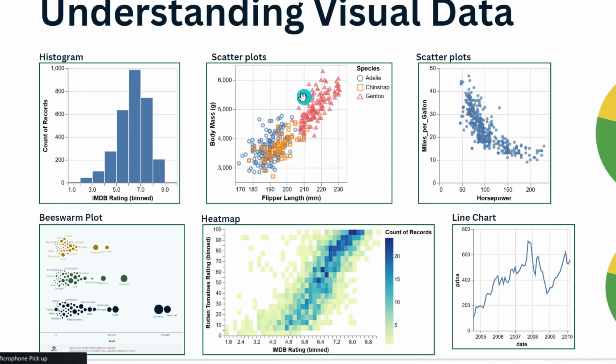The shape here could be a column that represents species. The length here is another column that represents the length, then the mass here is another column. So in this case, we have three variables coming together to give us this visual.